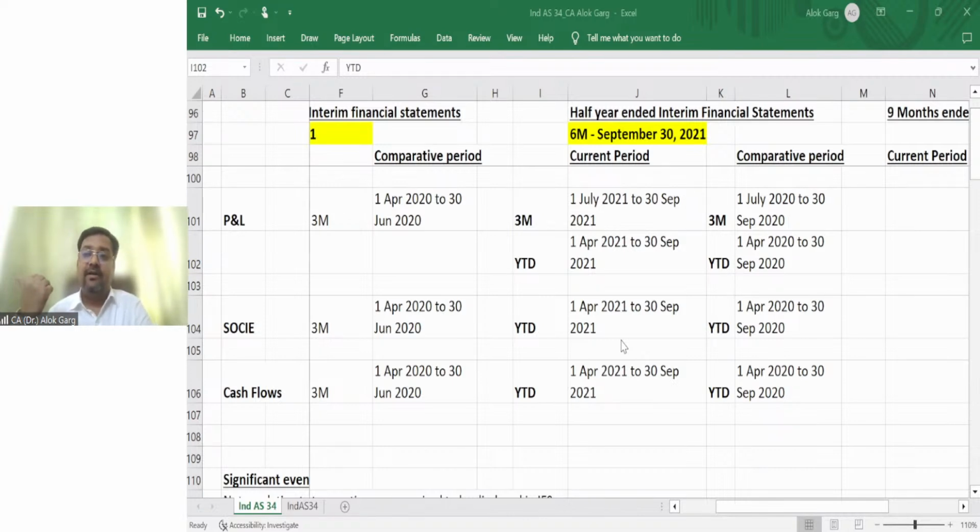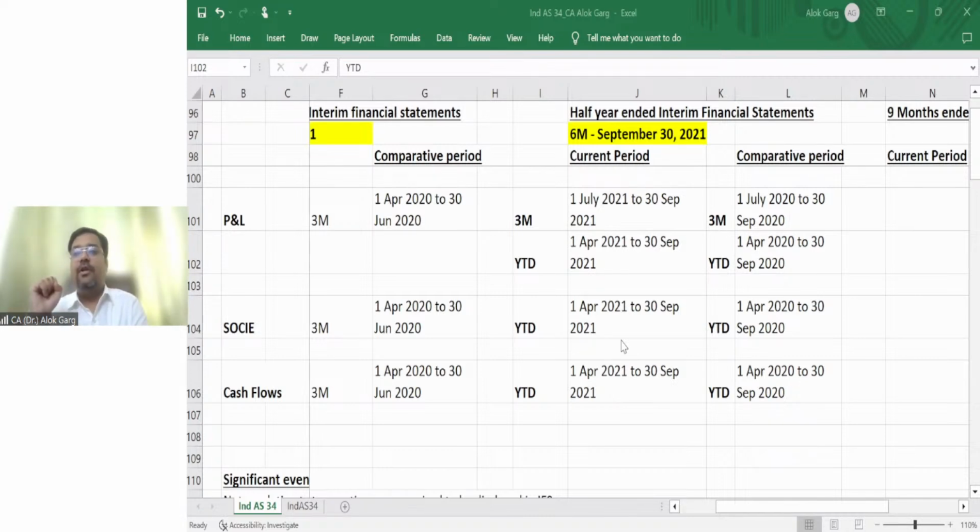These listed companies are required to prepare the financial statements just because of the listing regulations of SEBI. Now SEBI requires, you have seen so many periods, right? SEBI requires that P&L should be for the current quarter, last quarter, as well as year to date. But SEBI does not require the statement of changes in equity. SEBI requires cash flow, but not for a quarter.